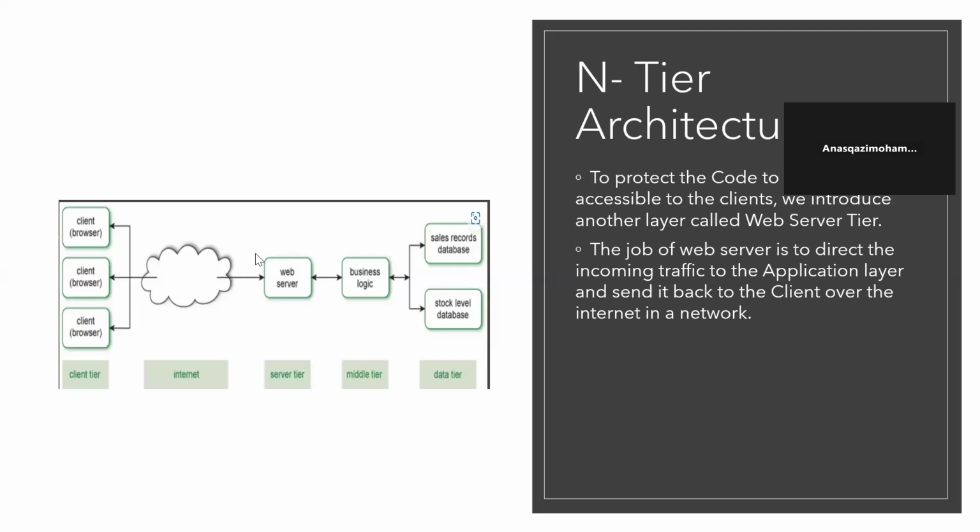The security guard would ask you where you are going and where you are coming from, whom you are meeting, and which room you have the meeting in. This entire thing is done by the firewall here, just before the web server. After these checks are passed, only then can you get into the application layer. And this is how the architecture works.